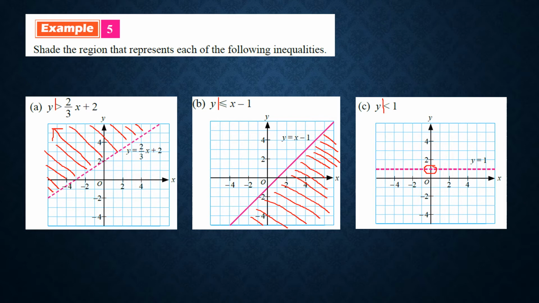What you must do is shade. This is less, so less means the down part, bahagian bawah, of that line, you shade. This is how we shade.